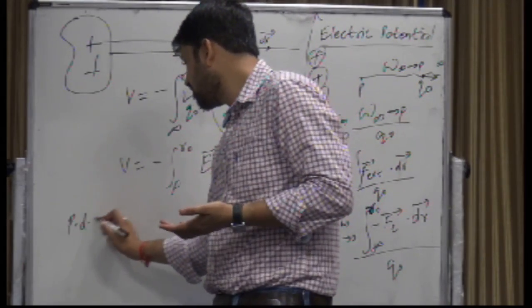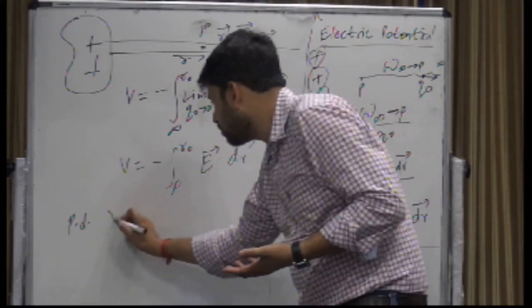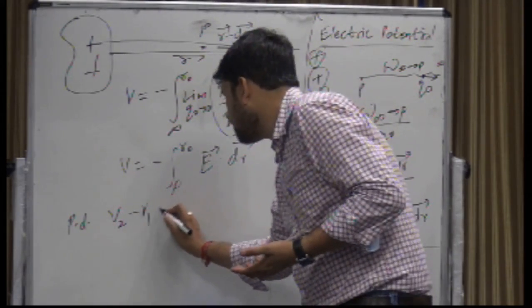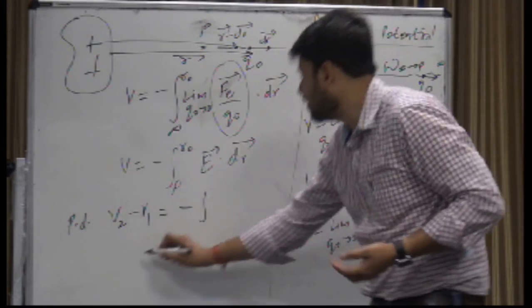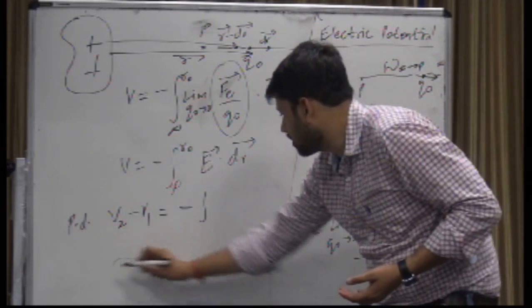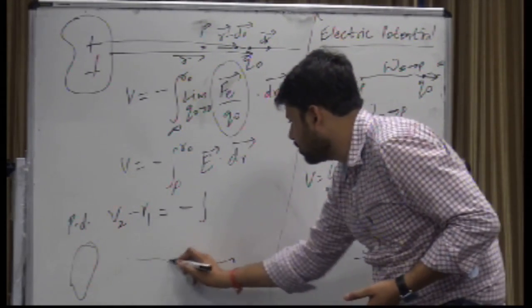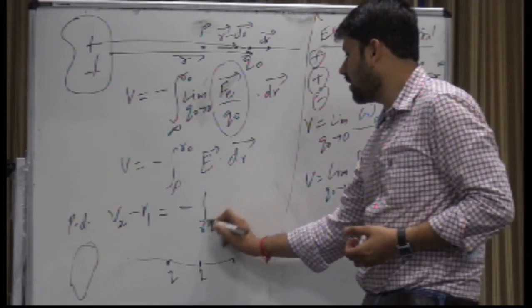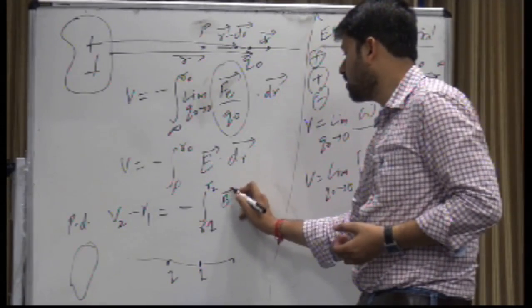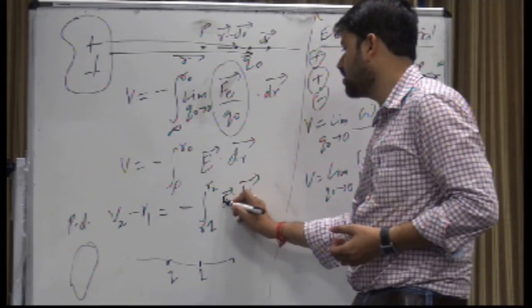Potential difference is what? When you move a charge from point 1 to 2. So it is V2 minus V1, minus, again the limits would be, this is the charge distribution, you are moving the charge from 1 to 2. So initial position R1 to R2 E dot dr, again the same integral but the limits slightly changed.